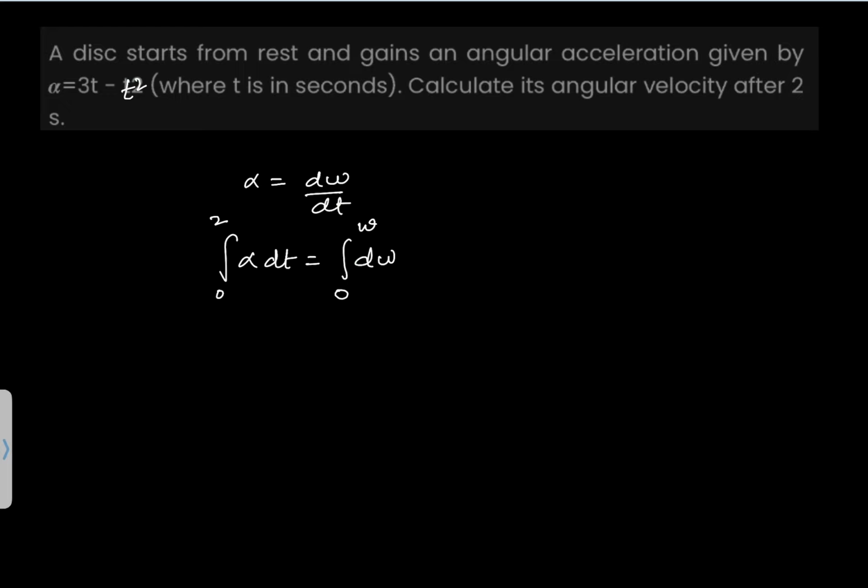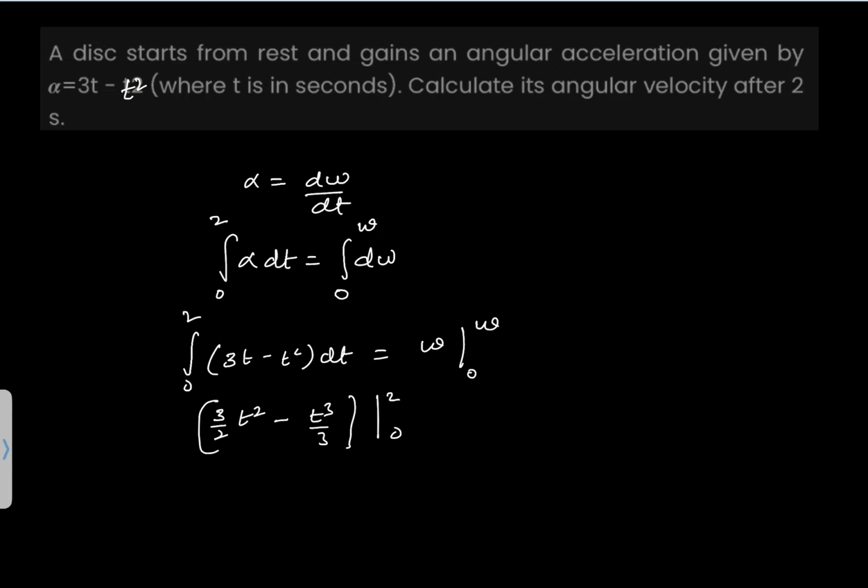Okay, let's integrate now. Alpha is given as the integral from 0 to 2 of 3t minus t square, whole dt, and the integration of d omega will be omega, with limits 0 to omega. Now this is 3 by 2 t square minus t cube by 3, keeping the limits 0 to 2, and on the other side omega minus 0. Now first put the value 2.